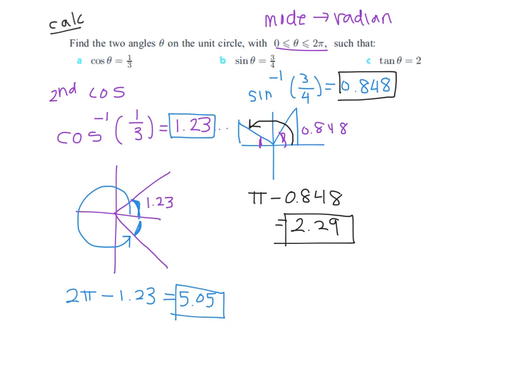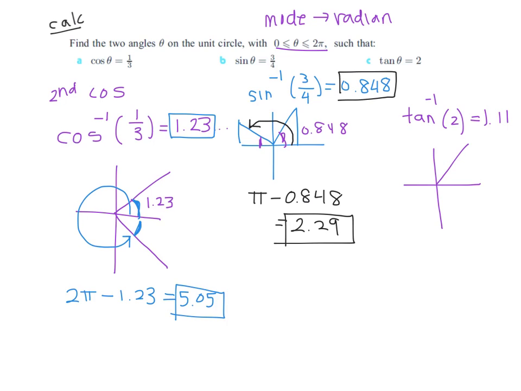Lastly, we have tangent of theta is equal to 2. So go to the inverse of tangent, sometimes we say arctangent, of 2, which returns the value of theta, in this case 1.11. Now look at where tangent is positive.